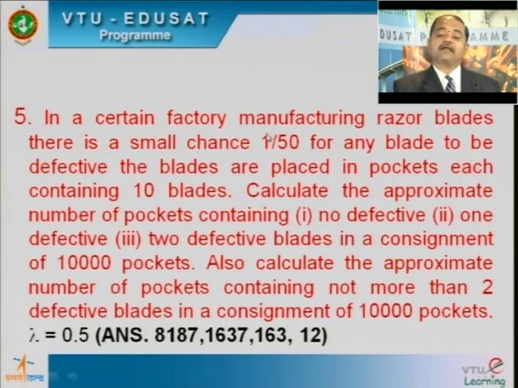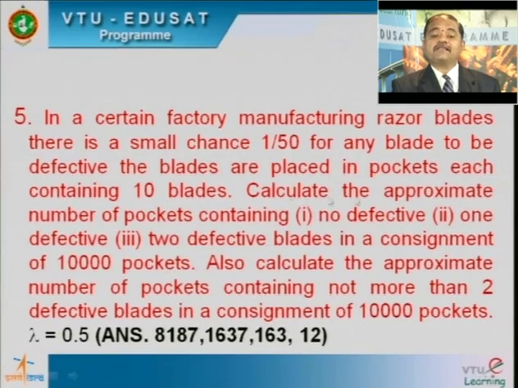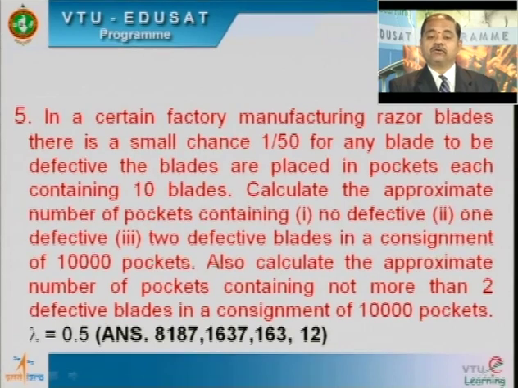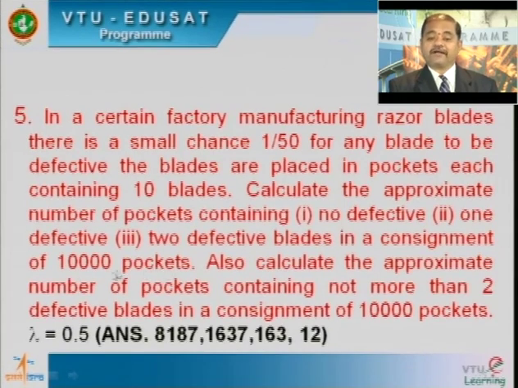First I should calculate the mean, 1 by 50 into 10. You see here I have given lambda value 0.5. Now come to the question. Calculate the approximate number of pockets. It is not the probability, they are asking the number. So containing no defective, one defective, two defective in a consignment of 1000 pockets.